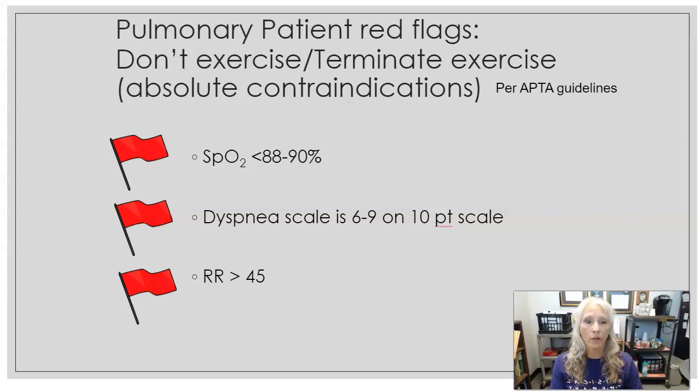We are watching for dyspnea, and I'm going to share with you a dyspnea scale in a moment. The red flag on that scale is if they exert up to the point of 6 to 8 on that 10-point scale. That would be a termination criteria. And then if their respiratory rate gets up over 45 breaths per minute, that would be a red flag to terminate any physical exertion.